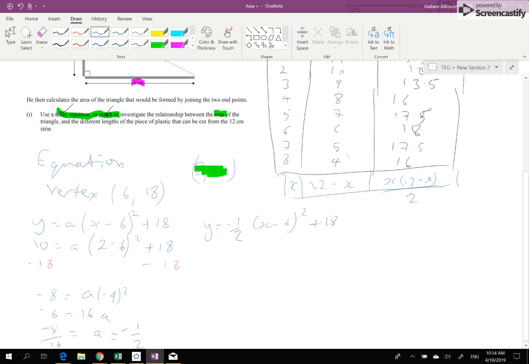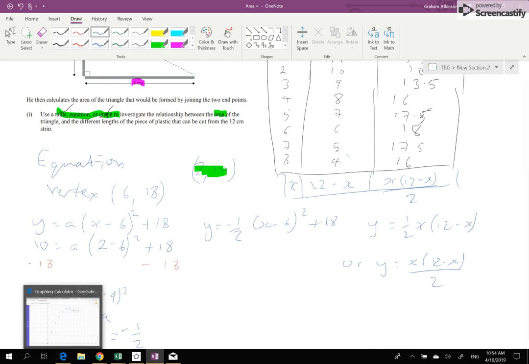So that will be a different way of writing the equation. I could write it as a half x(12 minus x), or I could write it as y equals x(12 minus x) divided by 2, and that would be the factorized form if I'd chosen to find my equation that way.